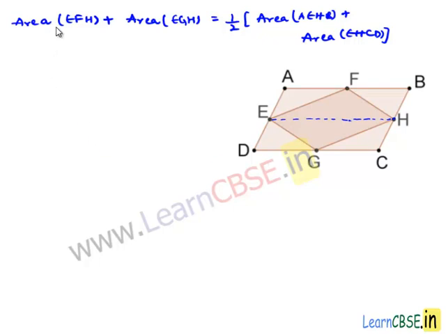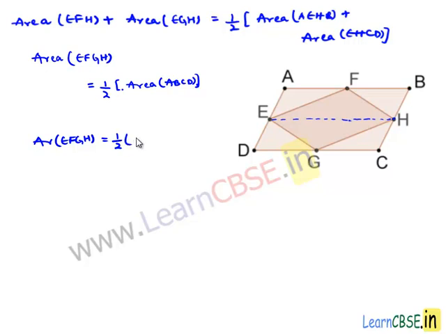That is, here area of triangle EFH and area of triangle EGH together is equal to the area covered under the figure EFGH, which is equal to half times area of parallelogram AEHB plus area of parallelogram EHCD, which gives the area of the total parallelogram ABCD. Therefore, finally we can say that area of EFGH is equal to half times area of parallelogram ABCD. This is what was required to prove, and it is hence proved.